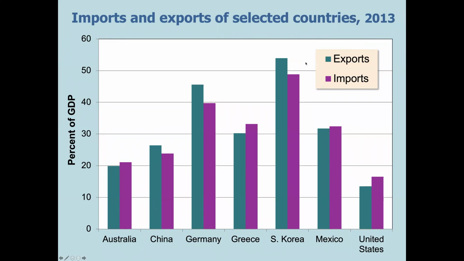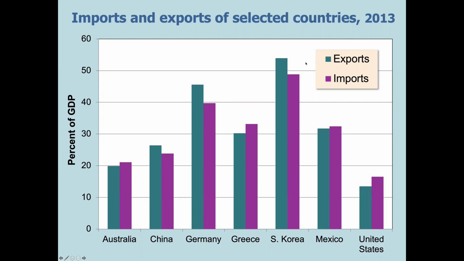So some countries do a lot more trade with the rest of the world, and big countries tend to do less trade with the rest of the world just because more is happening within a big economy, and then smaller economies tend to trade more. But there are other forces that also affect how much countries trade.